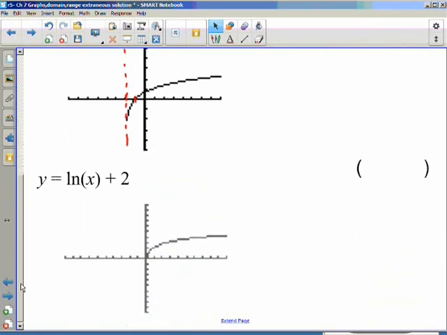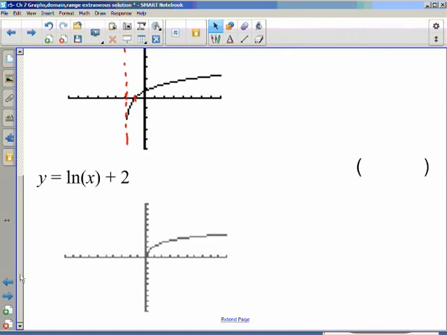If you look at this, you'll recognize that the plus 2 is outside of the function. That means it's going to be a vertical transformation. It's kind of hard to tell, but the original graph obviously would go through 1, 0. So this has been translated up 2.